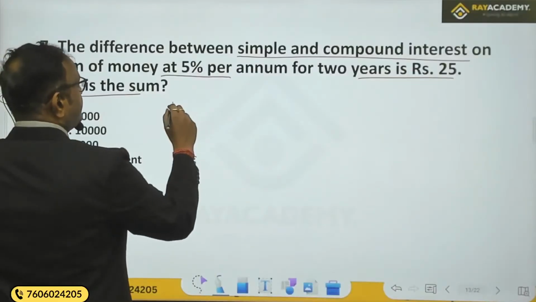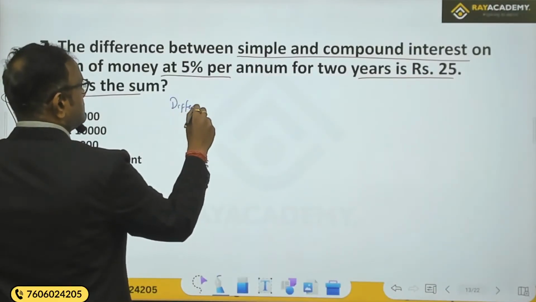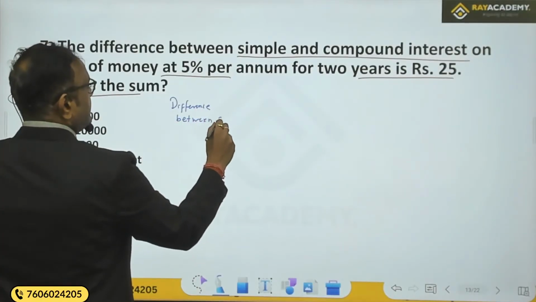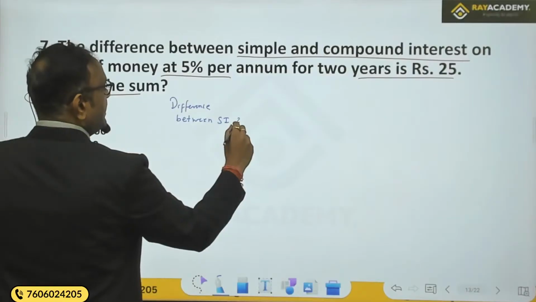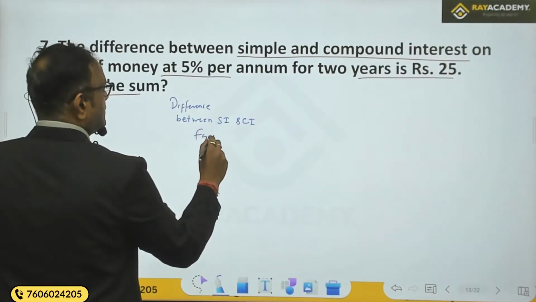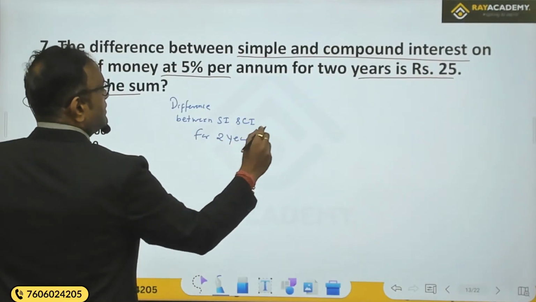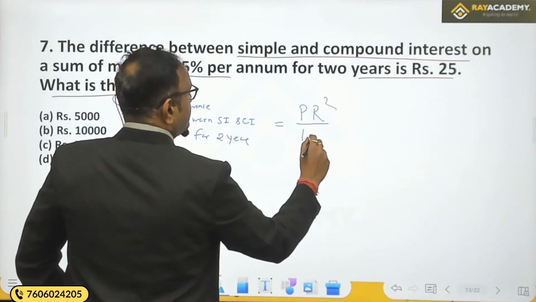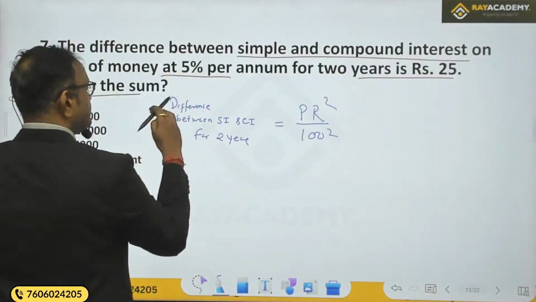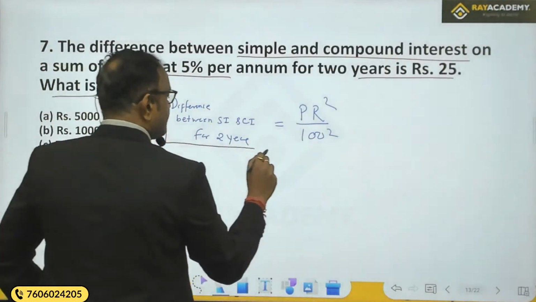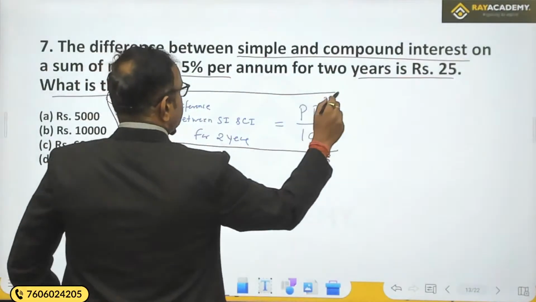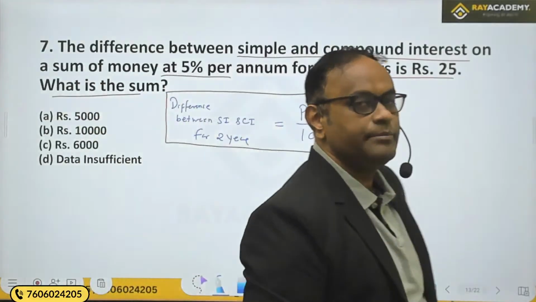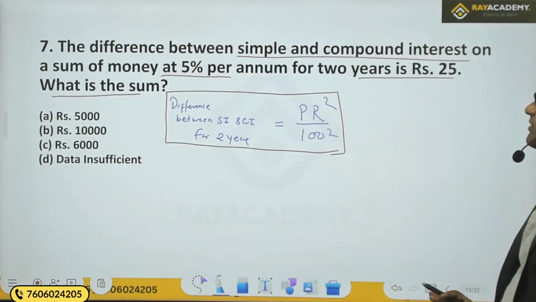Difference between SI, simple interest, and compound interest for 2 years equals P R square by 100 square. This is the formula, very very useful. Otherwise, if you go by method, it will take a lot of time. So this is the difference you can remember. Difference between SI and CI for 2 years is P R square by 100 square.